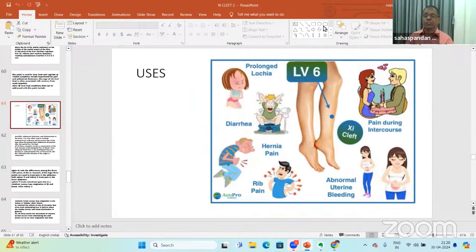This cleft point of the yang linking vessel is always used to clarify consciousness in cases where the yang circulation is failing to reach the head.